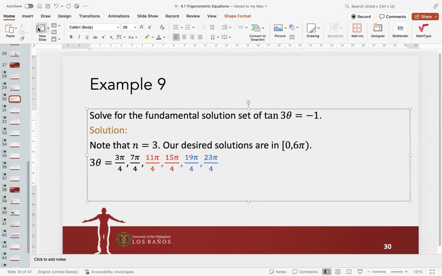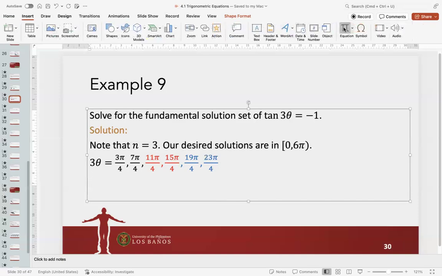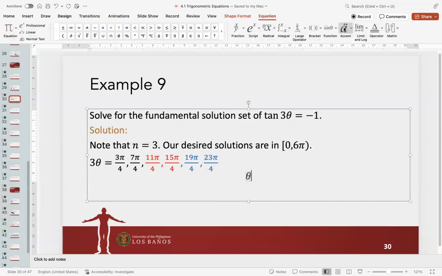So if we do that, our theta will now be what? So 3 pi over 4 times 1/3, we will get pi over 4. 7 pi over 4 times 1/3, we will get 7 pi over 12.